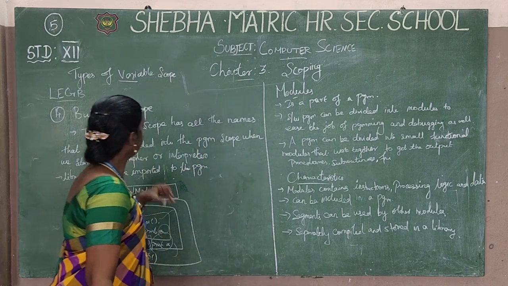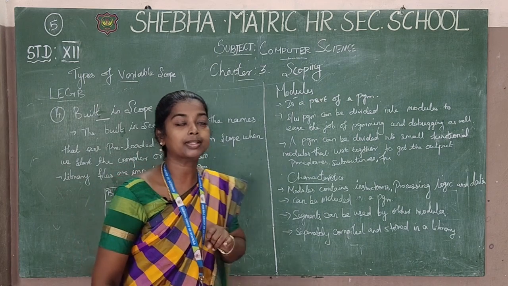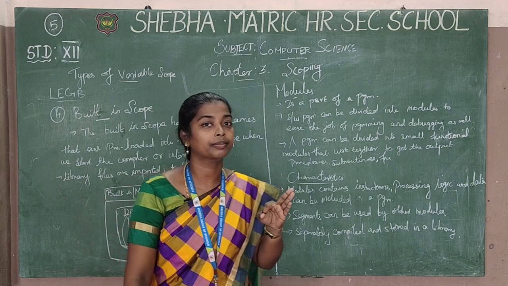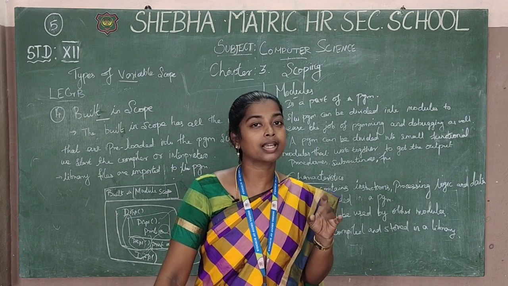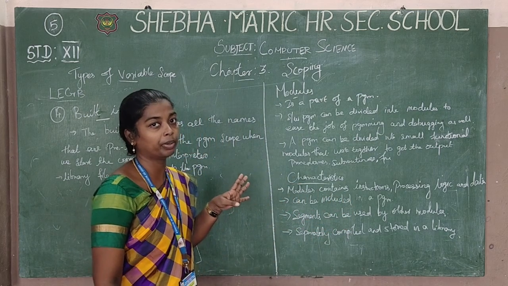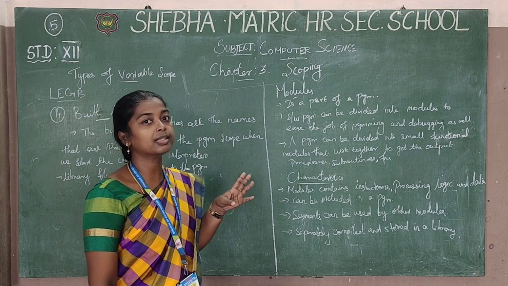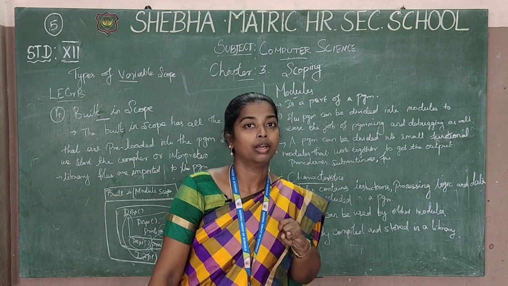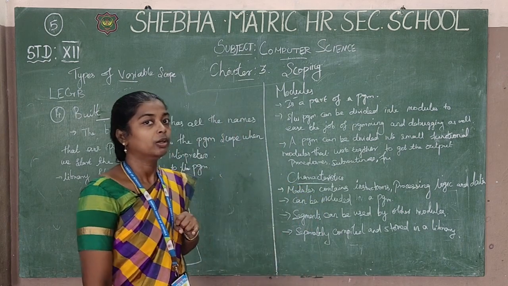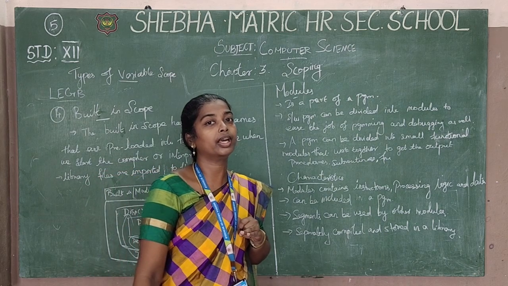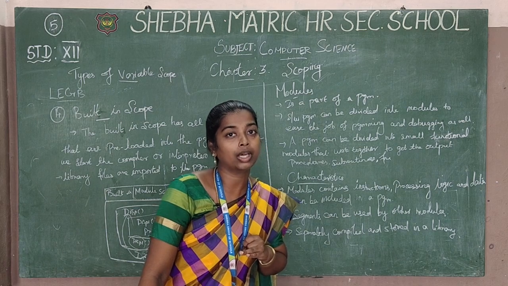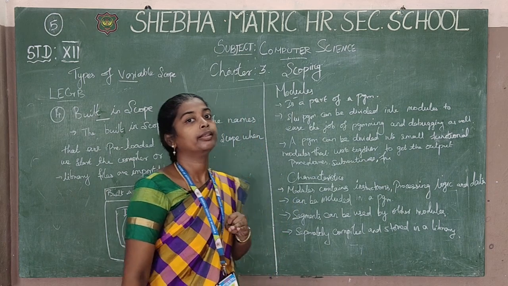So there are four types of variable scope. First one local, then global, then which one? Enclosed, and then built-in scope. Okay, clear? Local means a variable that can be used only within a particular function. Global is used so that a particular variable can be used in inner or outer parts of the program.